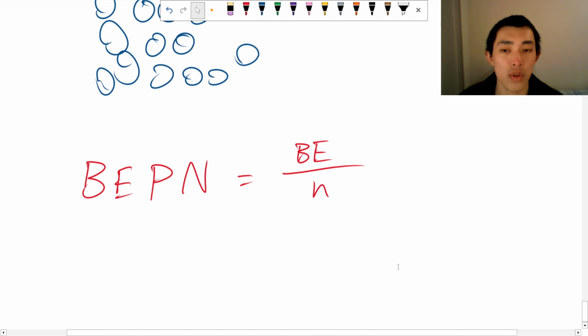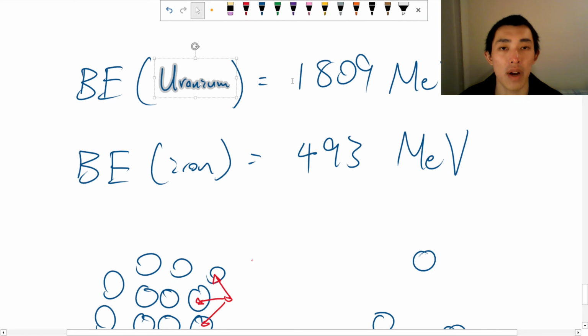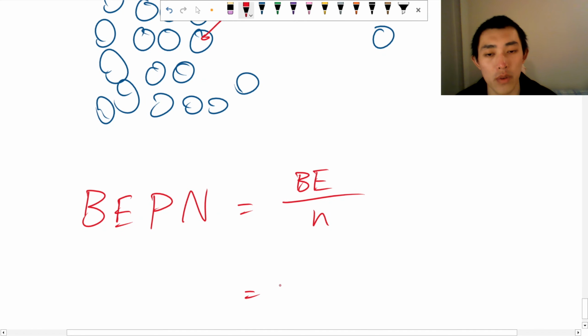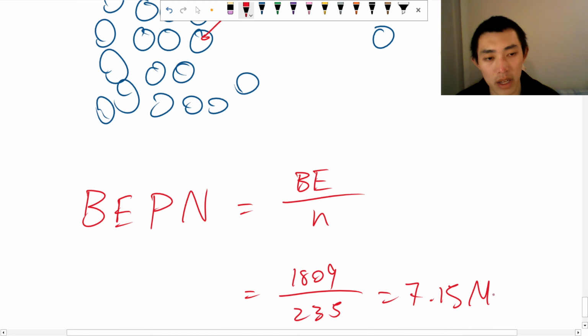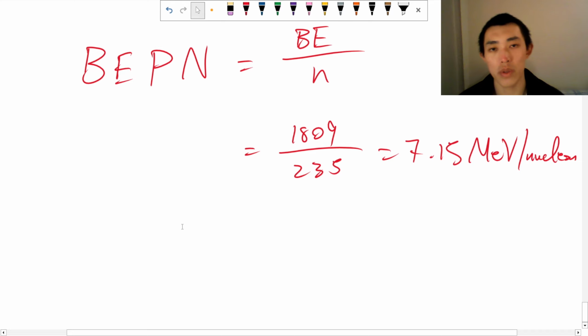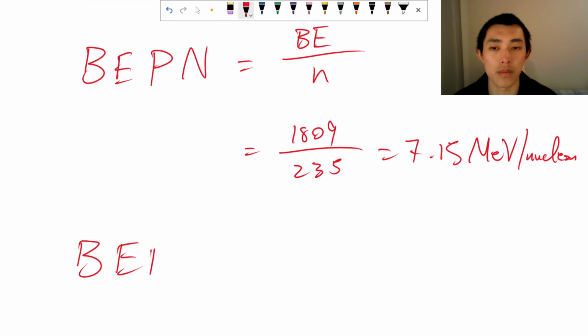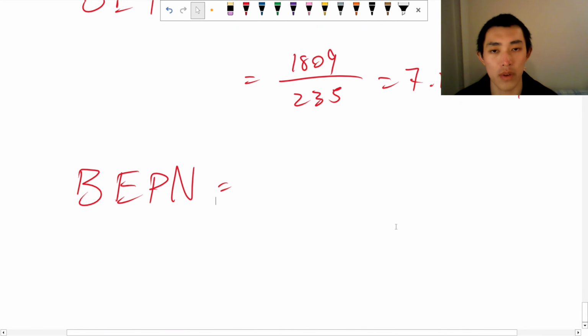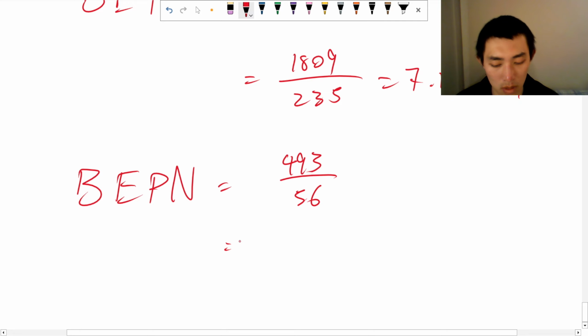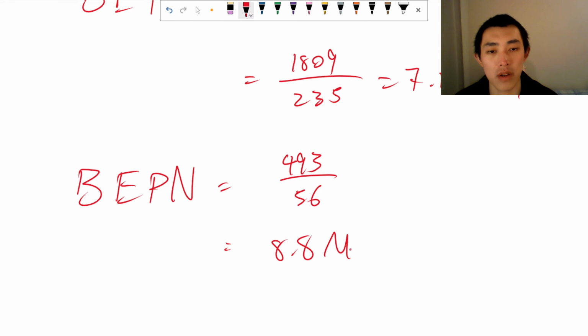For example, for uranium 235, 1809 divided by 235 is 7.15 mega electron volts per nucleon. We could also do this for iron 56, which is 493 divided by 56, which is going to be 8.8 mega electron volts per nucleon.